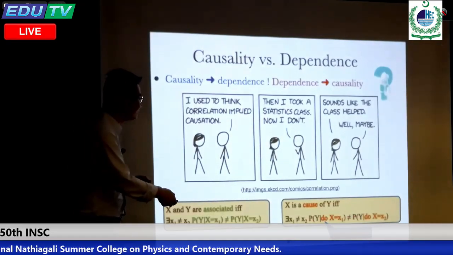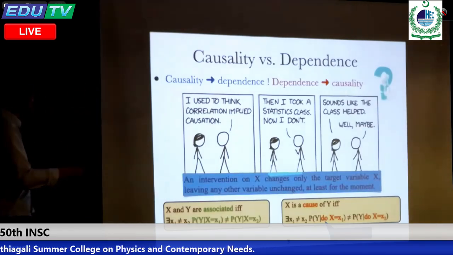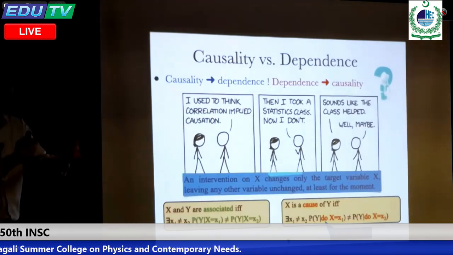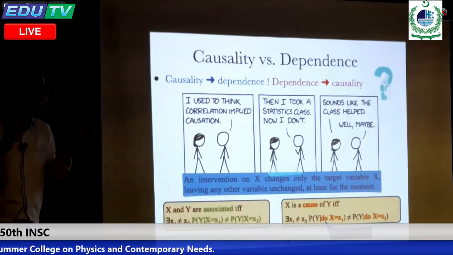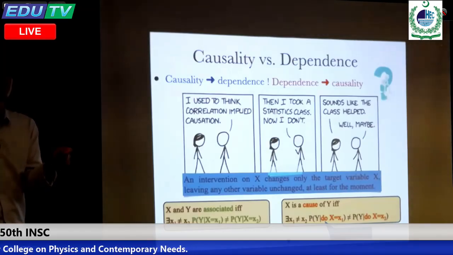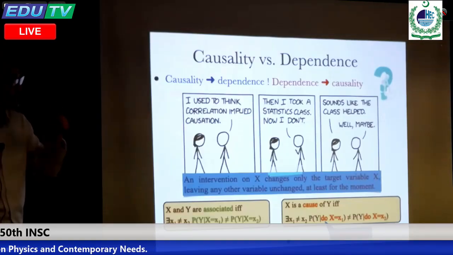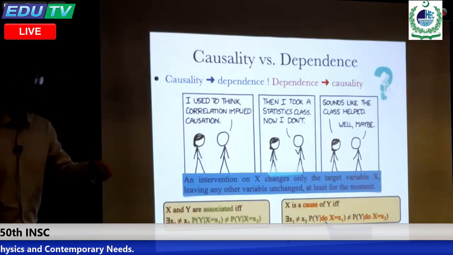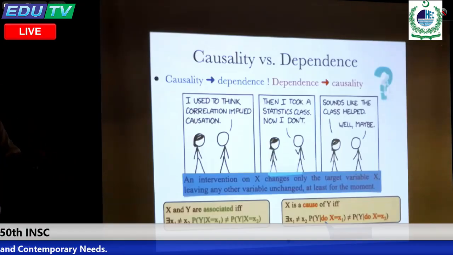Because by the definition of intervention, we do an intervention on X, we directly change only X, but not anything else in the system, right? And now you guarantee that's the case, and then you observe the change in the distribution of Y. What does it mean? That means, yes, this change in Y must be caused by the change in the X value because of the intervention. That means there's a way for X to influence Y, right?